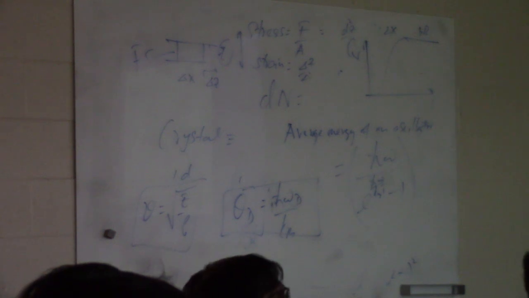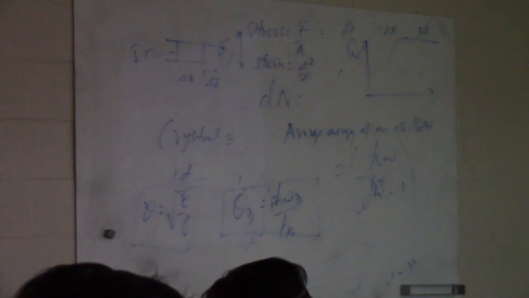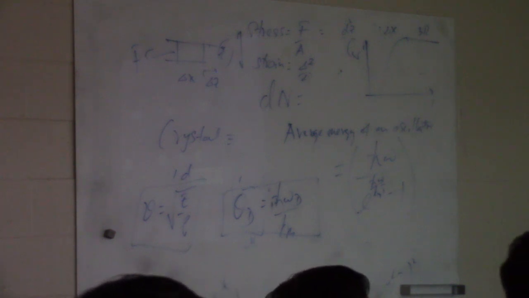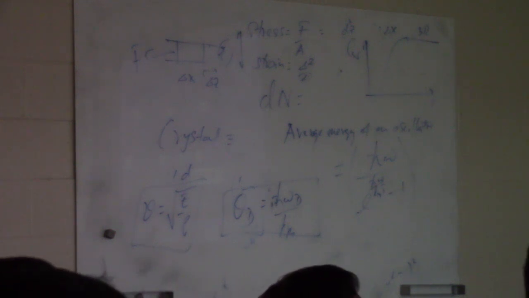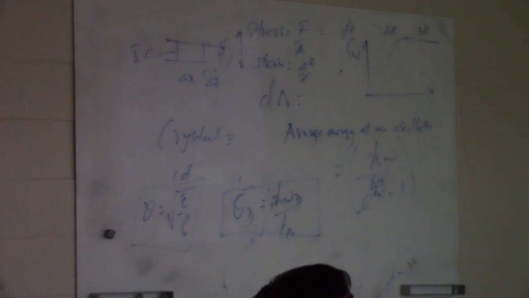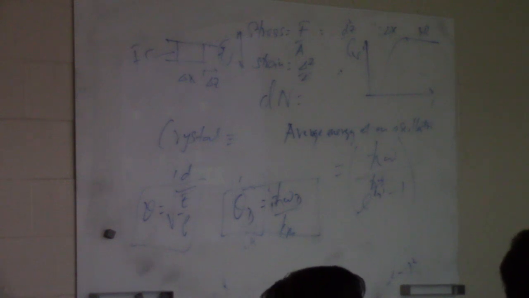Okay, I think that's what I wanted to talk about before we go on. The previous assumption was that your crystal was simply an elastic medium, so there are no atoms in the solid. Now we are going to introduce atoms into the solid and see how they vibrate.